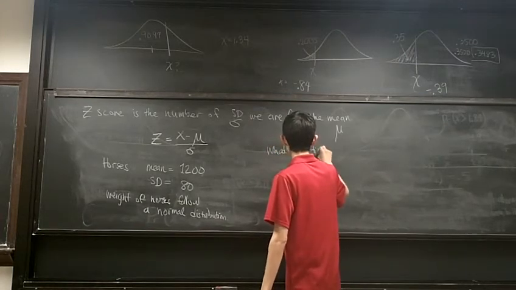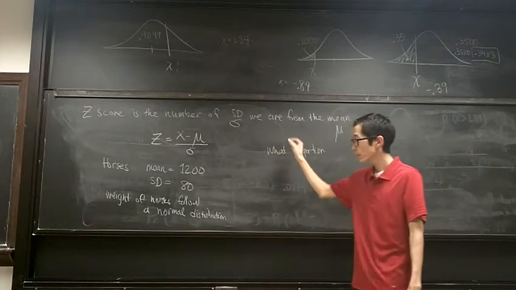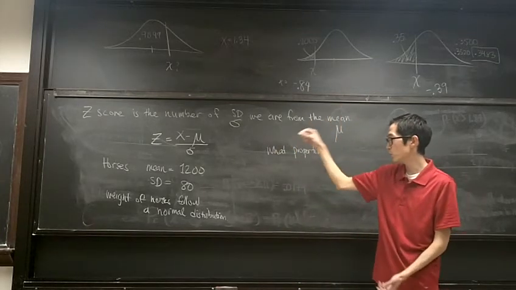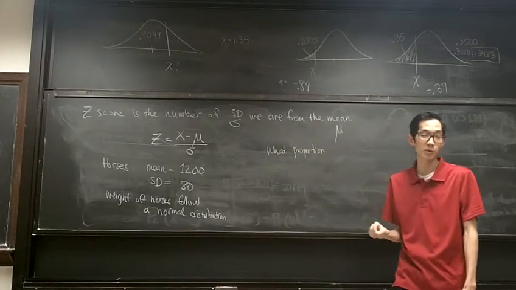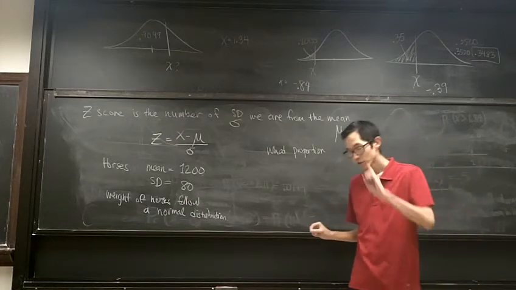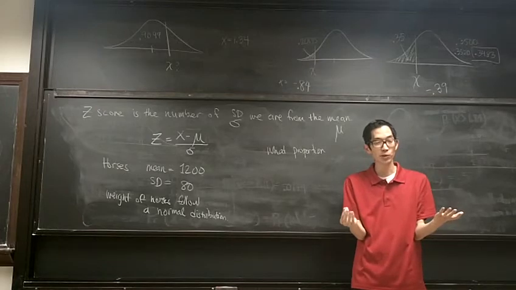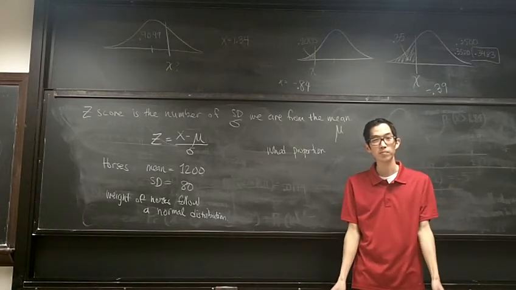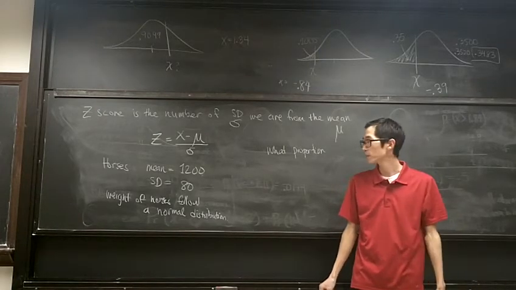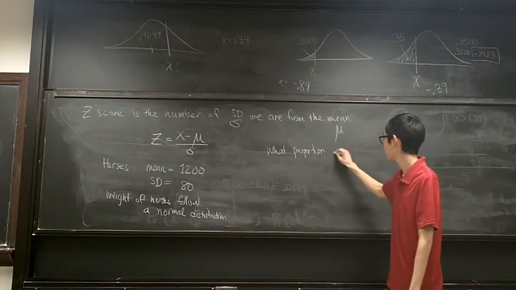Let's start off with an easier question. If I told you horses follow a normal distribution with a mean of 1,200 pounds, just think of the answer, don't shout it out. What proportion of horses would weigh less than 1,200 pounds?